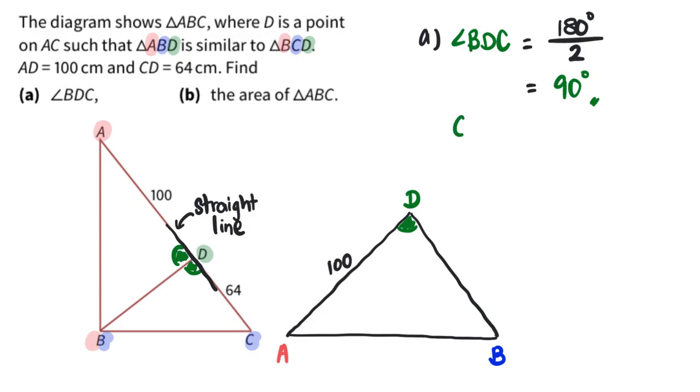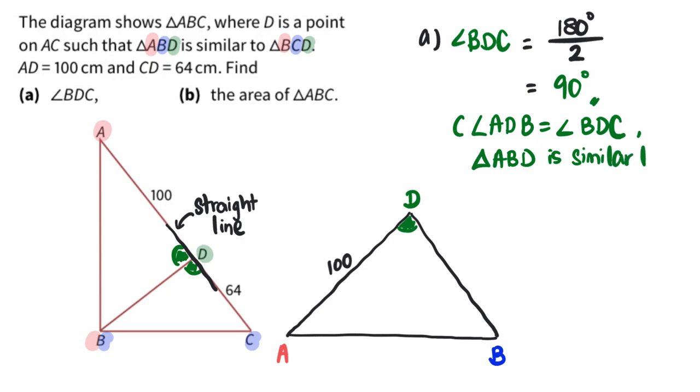Since angle ADB is equals to angle BDC, where they are the corresponding angles of similar triangles. So in this case, you can simply write down, since triangle ABD is similar to triangle BCD.